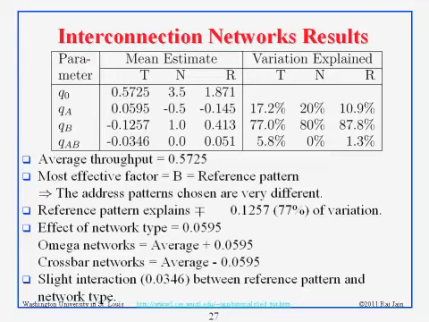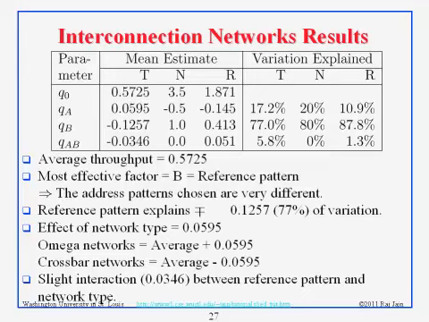The results are here. For throughput, these are the four numbers Q0, QA, QB, QAB. In terms of percentages, this means that QB is 77%, and B is the address pattern. So what this is saying is that the address pattern affects throughput.